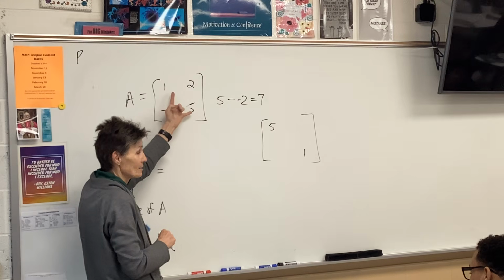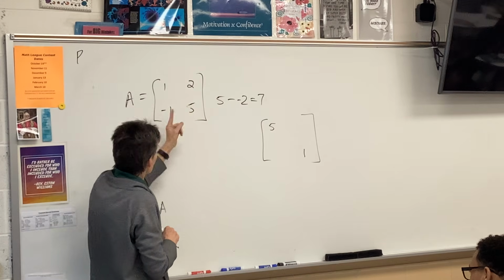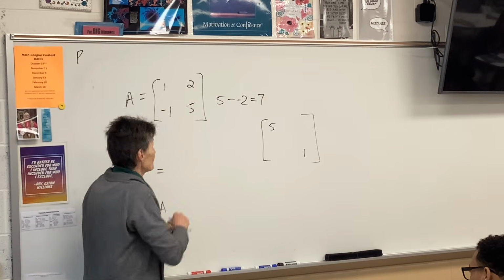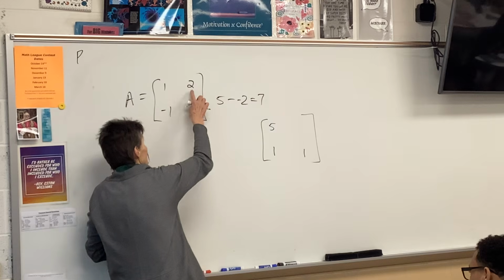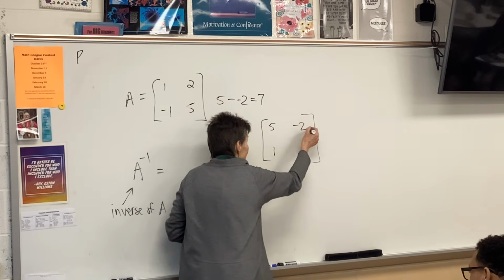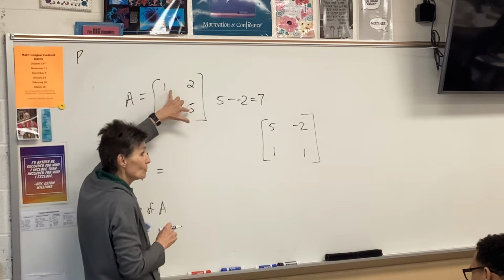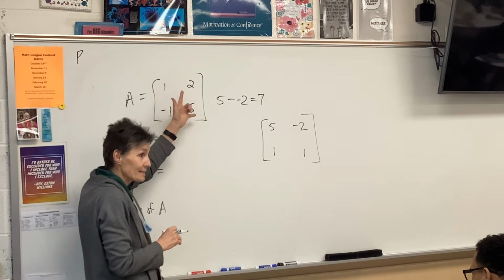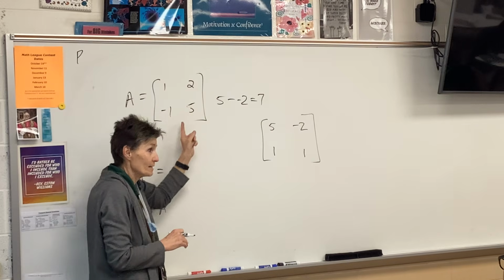So we take these two numbers, this is the original problem, we're making a new matrix by flipping these two, switching their positions. Then these guys, if it's negative, you make it positive, and if it's positive, you make it negative. So these two switch places, and these two get their signs changed.